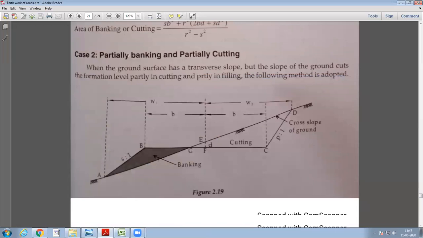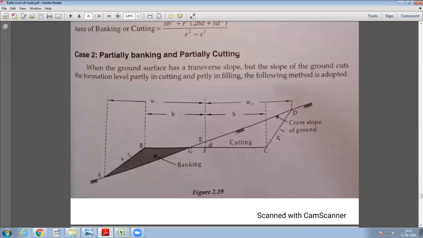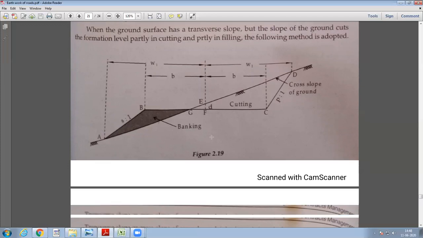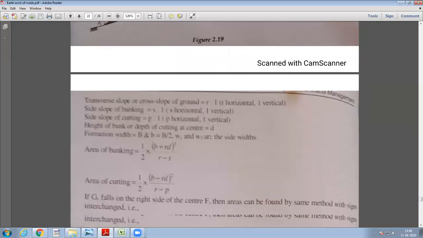When the ground is having partially cutting and partly banking, if it is partial, then we need to use the following method. When we have the cross slope of r is to 1, and we have a banking as s is to 1 slope, and for a cutting it will be p is to 1, you can observe all these details here.